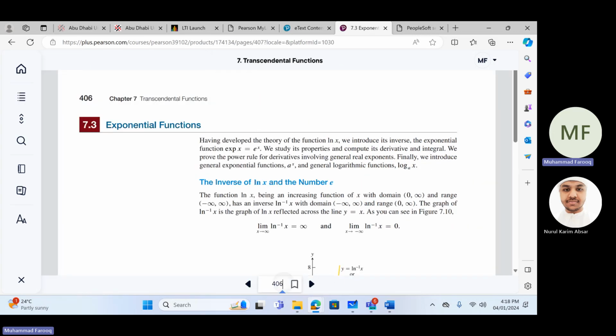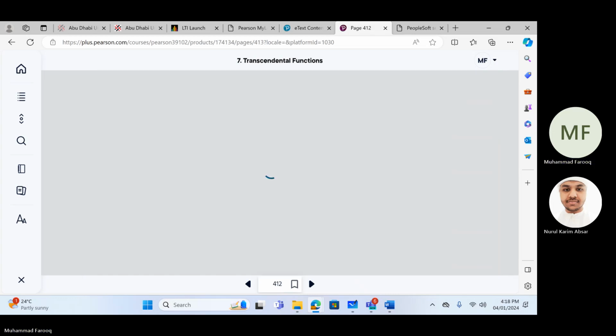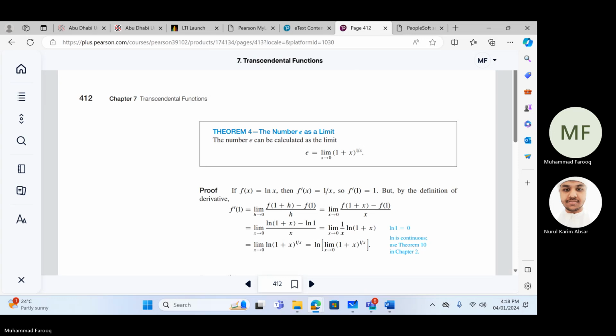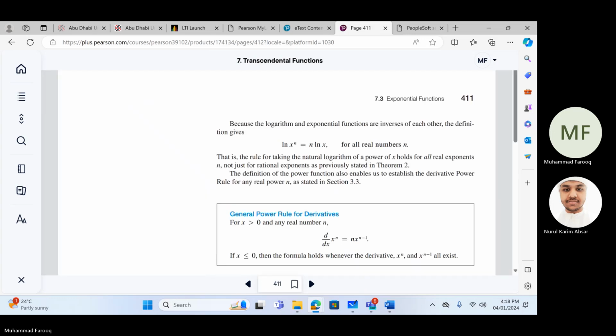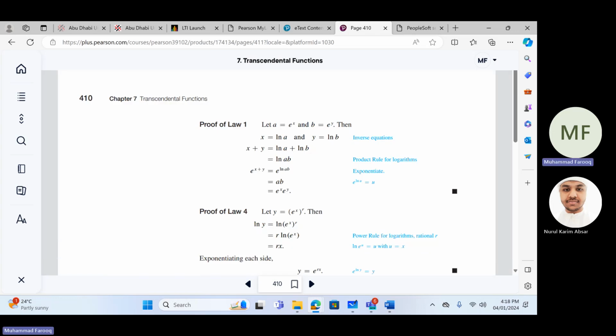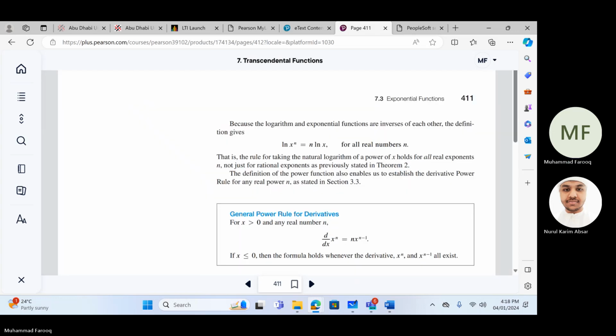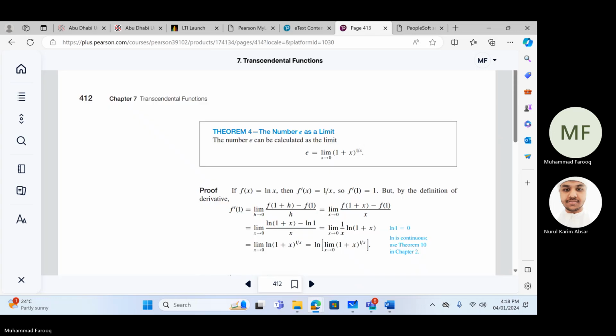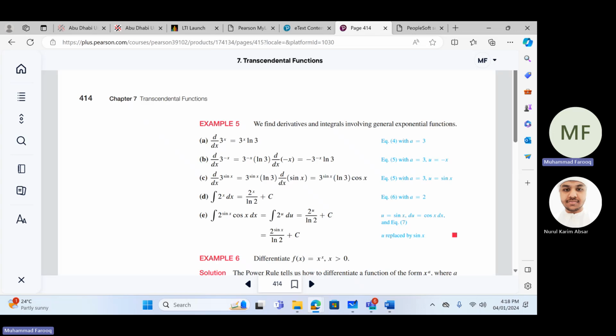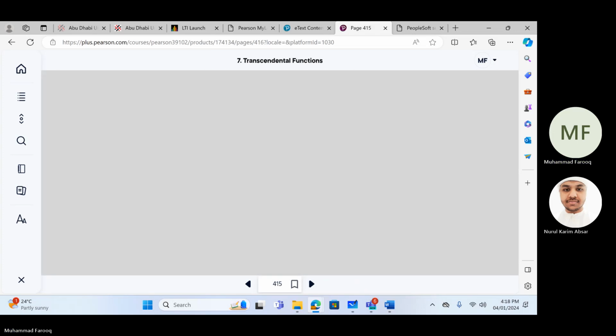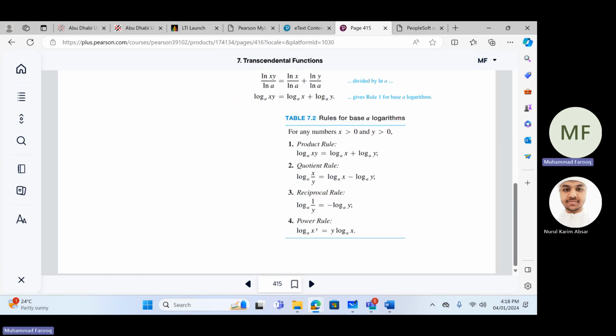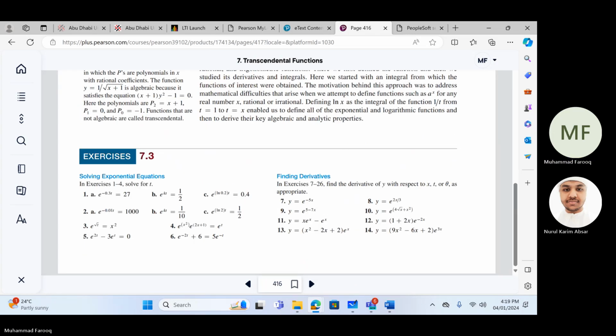This is 406, so maybe the page 415, maybe. Yes, here. Okay, so you can see here we have 7.2. These are the derivative questions, please.